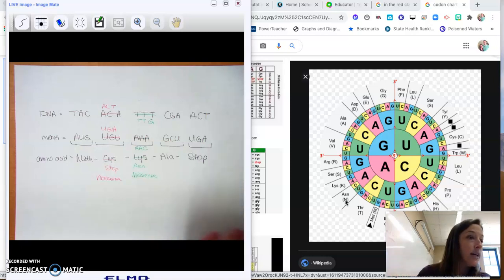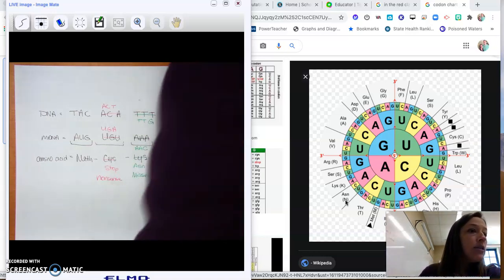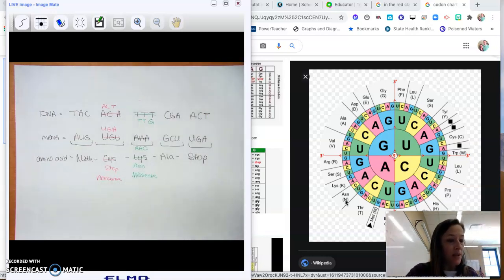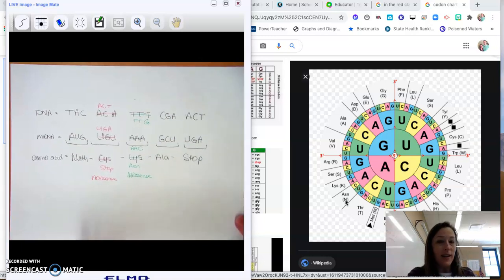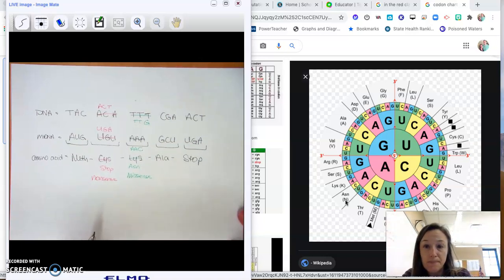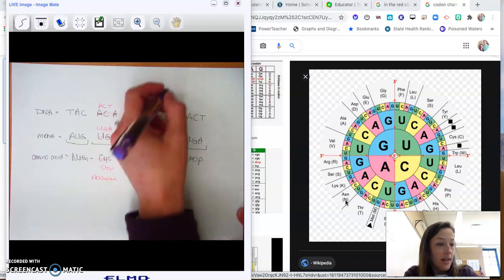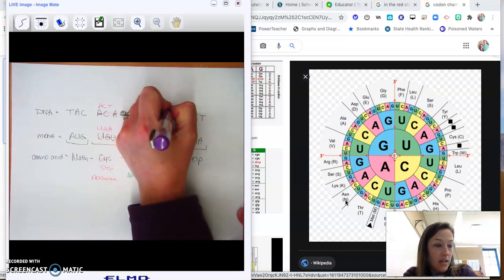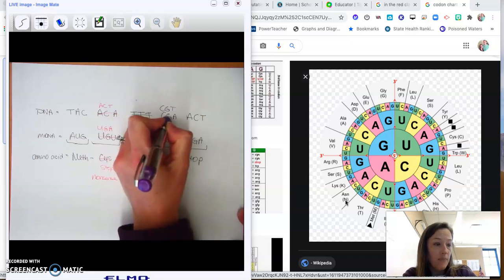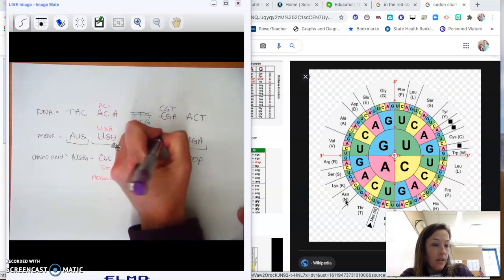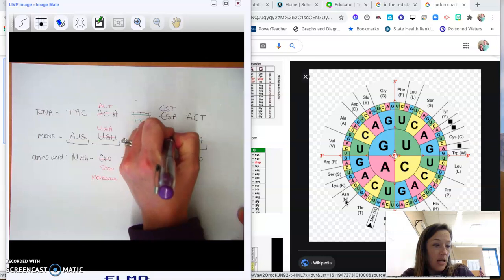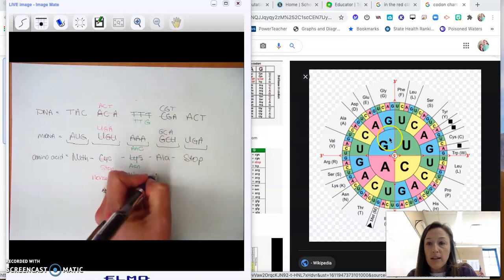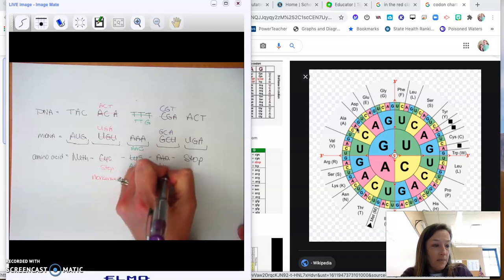All right, the third one is what we would call a silent mutation. And so with a silent mutation, let's say that we do this one. So we have C, G, T, okay? That's going to convert this to G, C, A. And when I look at this, G, C, A is still alanine.